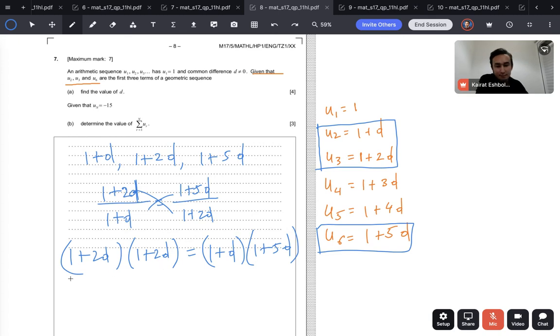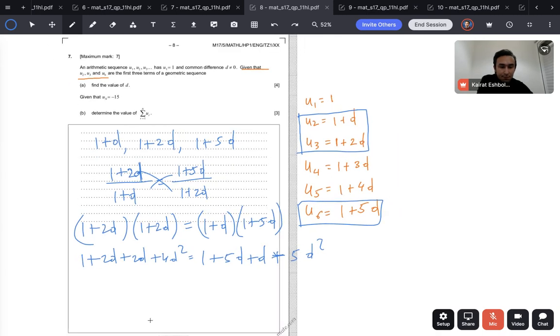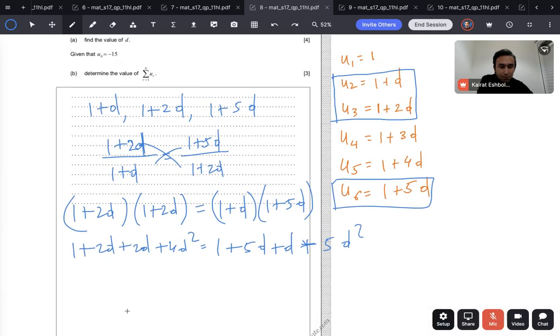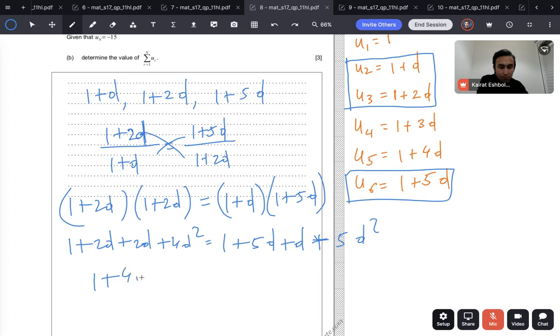Okay, let's expand this. 1 plus 1 times 2d, 2d here, plus 2 times 2d here, plus 2d times 2d is 4d squared, is equal to 1 times 1 is 1, plus 5d here, plus d times 1 is d, plus d times 5d is 5d squared, okay? And then let's simplify this. 1 plus 4d plus 4d squared is equal to 1 plus 6d plus 5d squared.